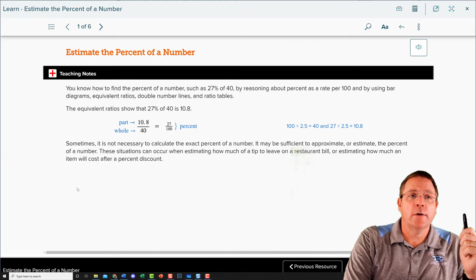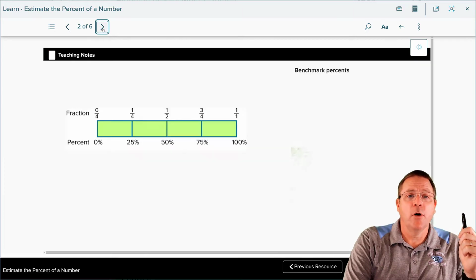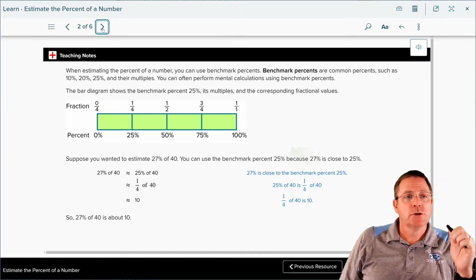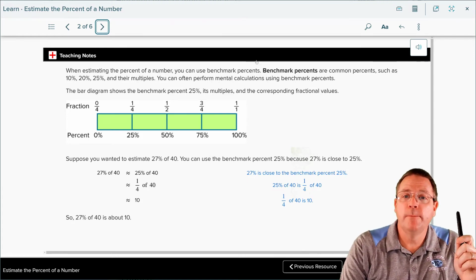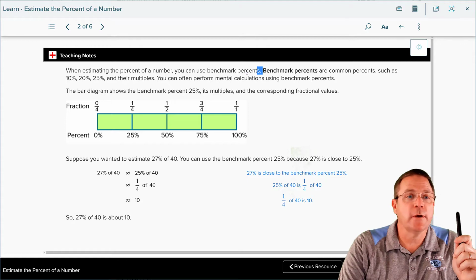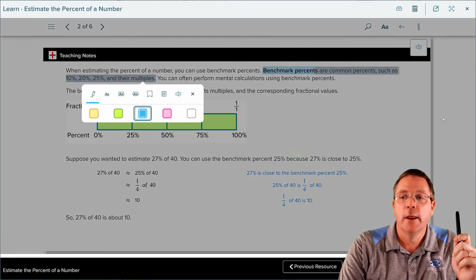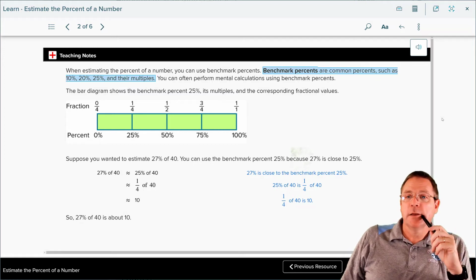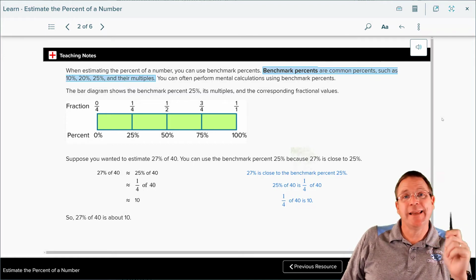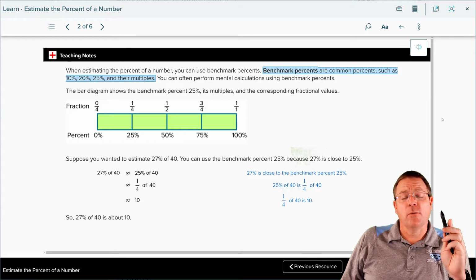None of those require an exact answer. If you can get in the ballpark, you're going to be pretty good. So, when estimating a percent of a number, you can use benchmark percents. And there's that definition. If you did not write it down, you do need to write that one down. A benchmark percent is a common percent such as 10%, 20%, 25%, and their multiples.